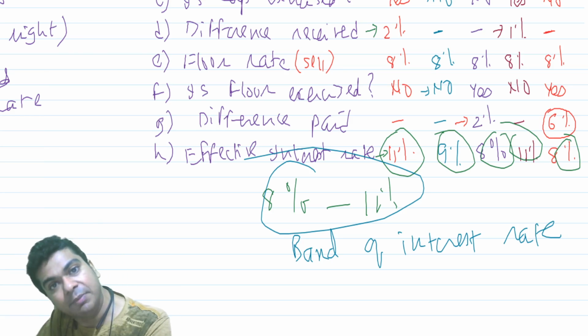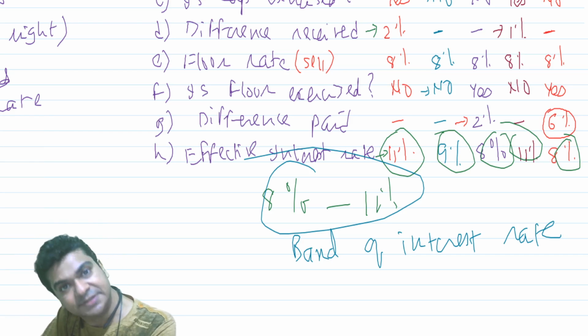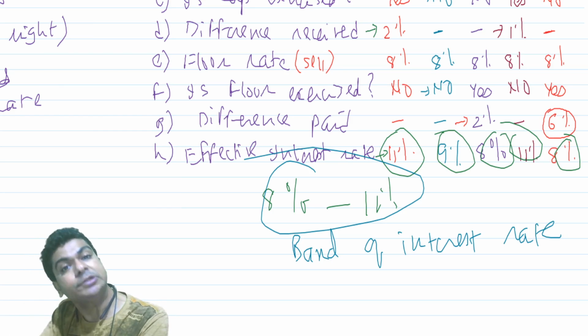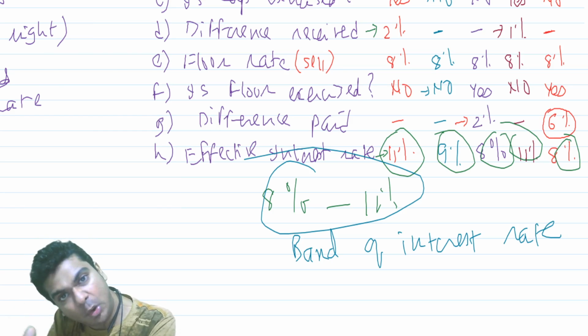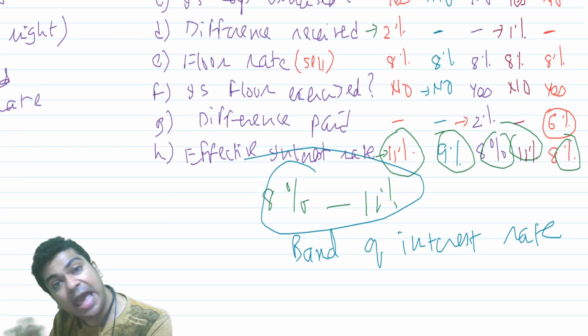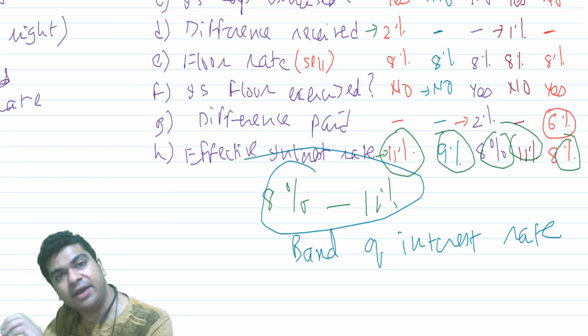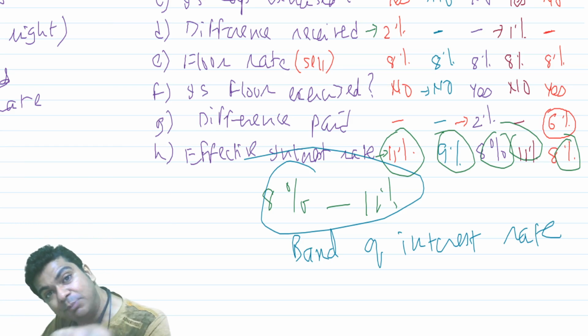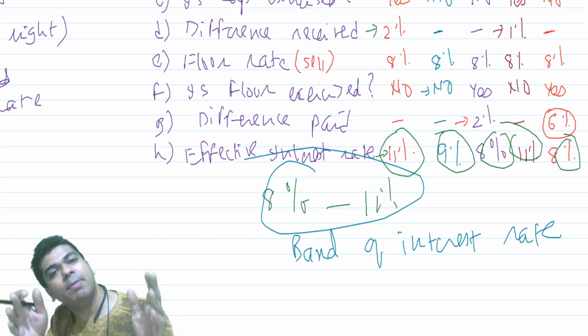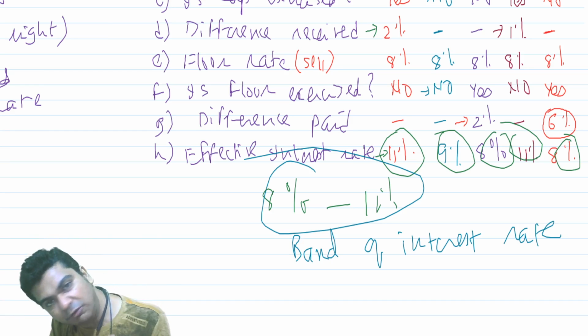But when I simultaneously sell a floor, I receive premium. The idea is to reduce the cost of the strategy. I can buy only a cap, but then the premium is slightly on a higher side. But when I simultaneously sell a floor, I also receive premium, and thereby I bring down the cost of the strategy.